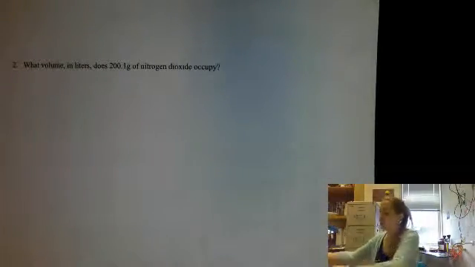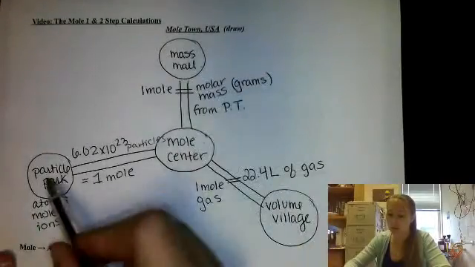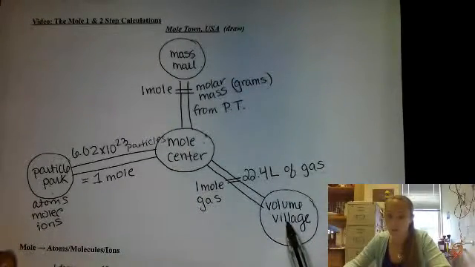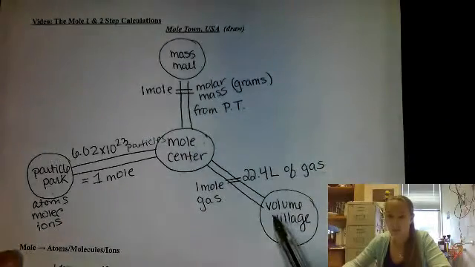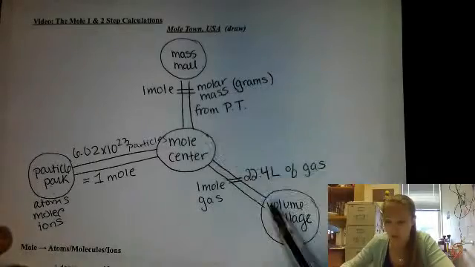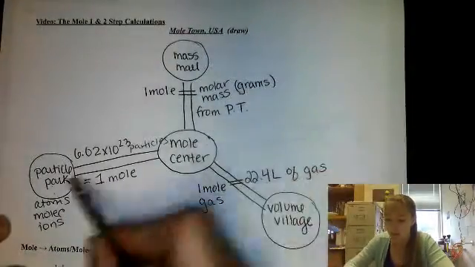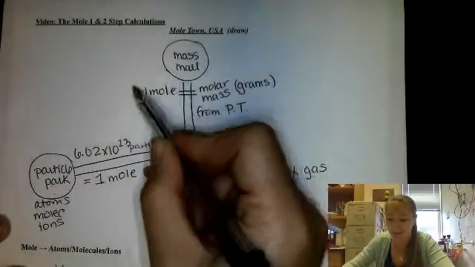Now that I can do my one step, I can get a little fancier. I can start at any one of these outside places of my mole center, and I can now go between them, but I have to stay on the sidewalk. Moles don't like to stray off their sidewalks. So if I'm going from my mass to particle park, I can't take this detour across.